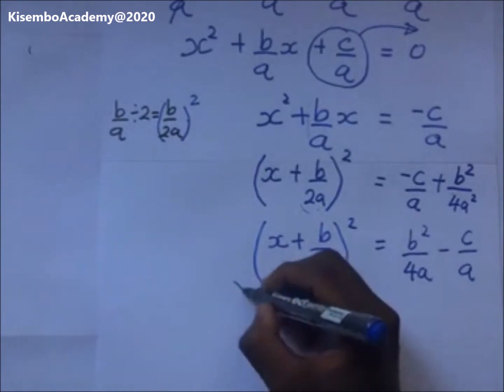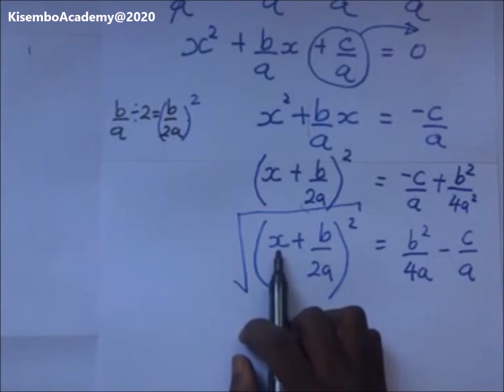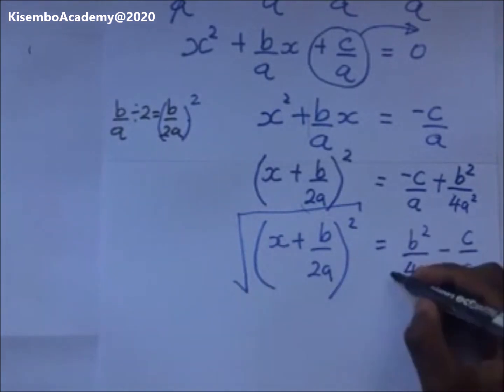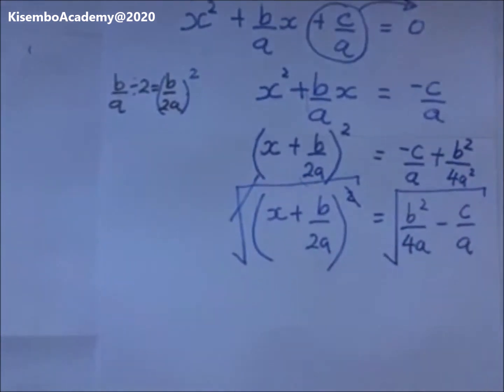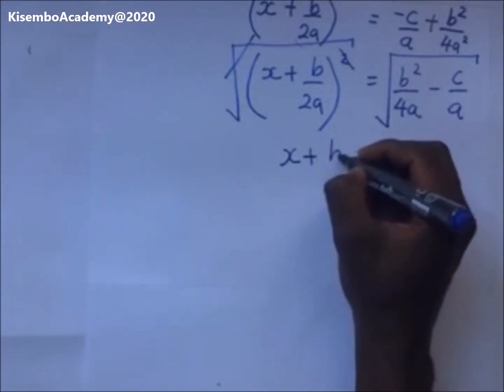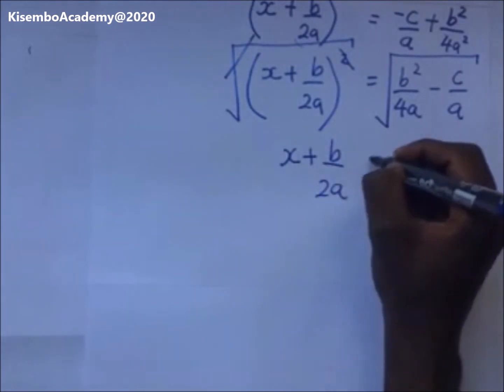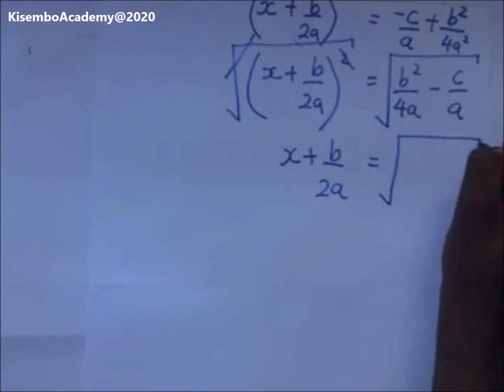So we use the square root property. We are trying to make x the subject of the formula, so we take the square root on both sides. We remain with x plus b over 2a, giving us, under the square root, the following.